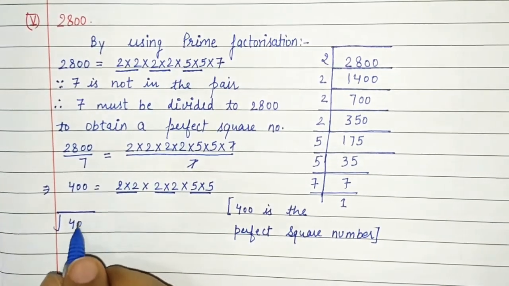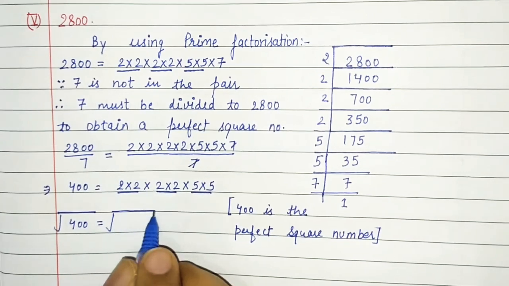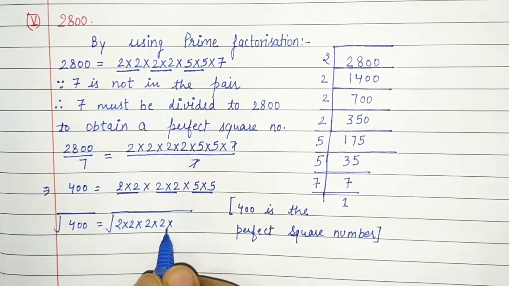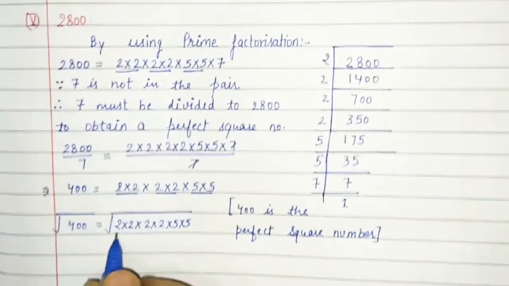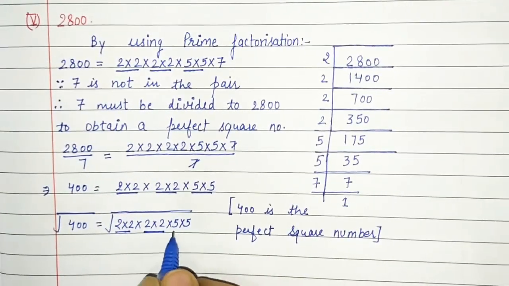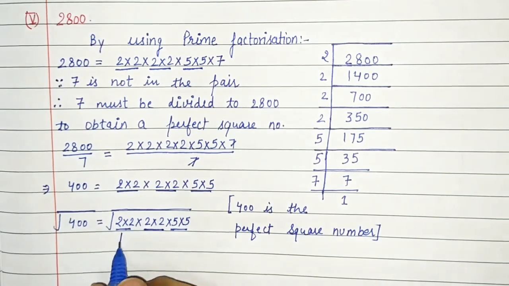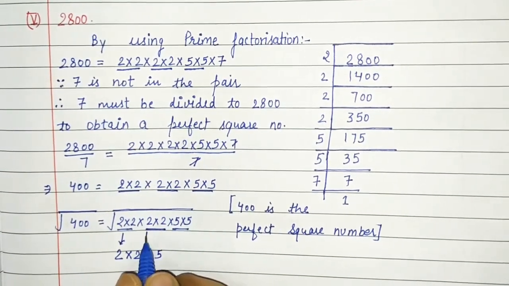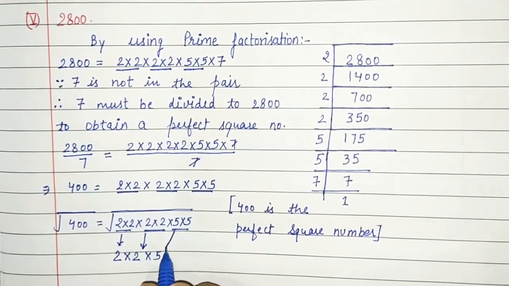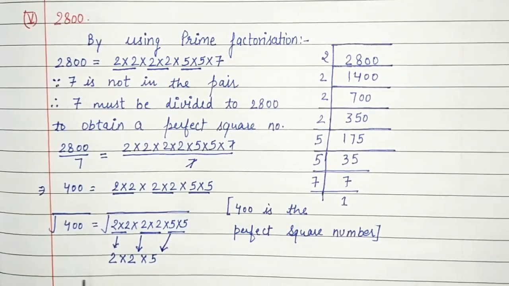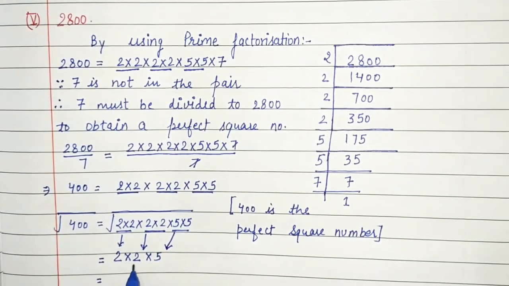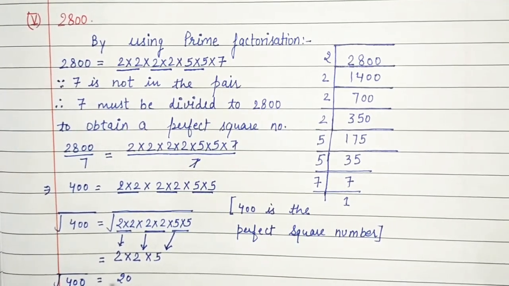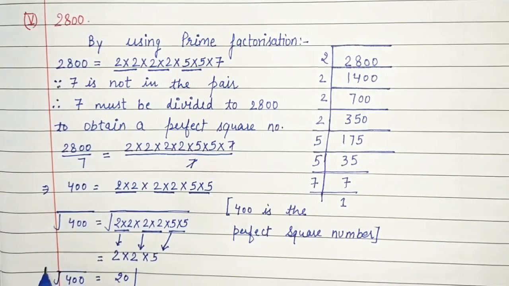So we can write like this: square root of this number is equals to square root of these prime factors. Now 2 has the pair, this 2 has the pair, and 5 has the pair. So just take this 2 outside to find the square root. Again from this pair 1 2 outside, and this pair 1 5 outside. If you multiply, you will get 4 into 5, 20. So our answer of square root of 400 is equals to 20.